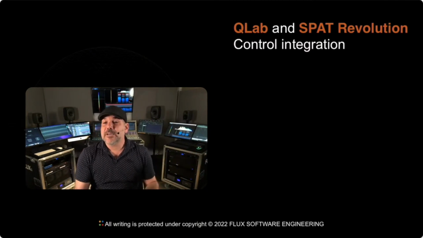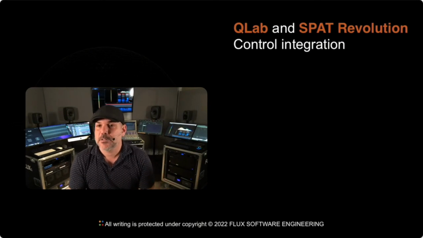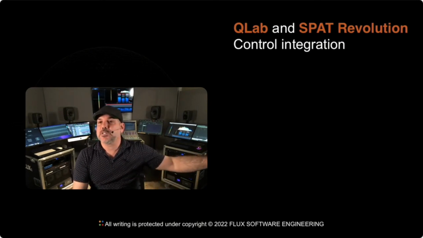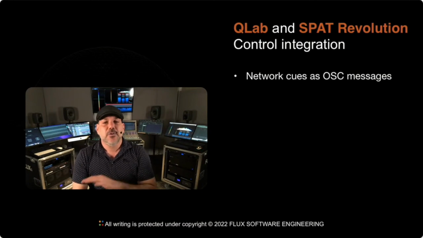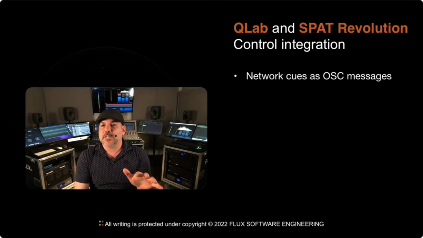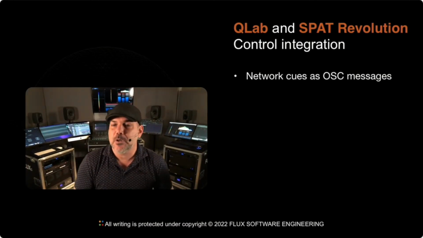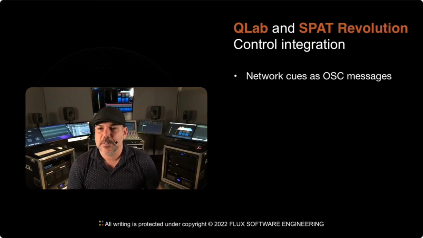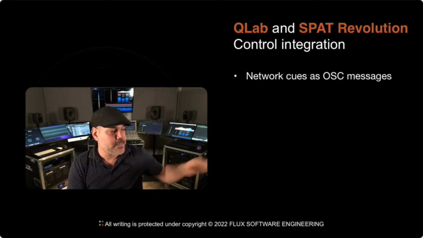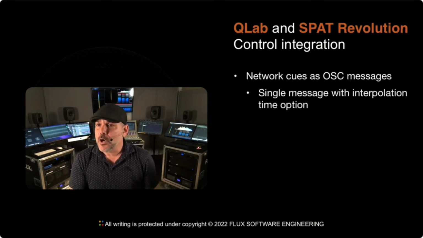Moving in now to the control aspect, because we've talked about the integration on the audio side. Let's talk about the control aspect. No secrets, we are using OSC. The majority of immersive audio, spatial audio systems out there are using OSC, Open Sound Control. So we're going to be using network cues, creating network cues and sending OSC messages to SPAT. And those can be different things.